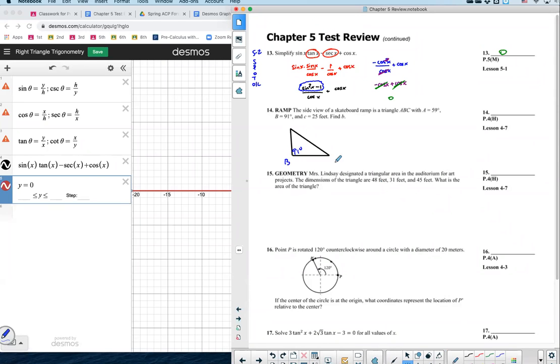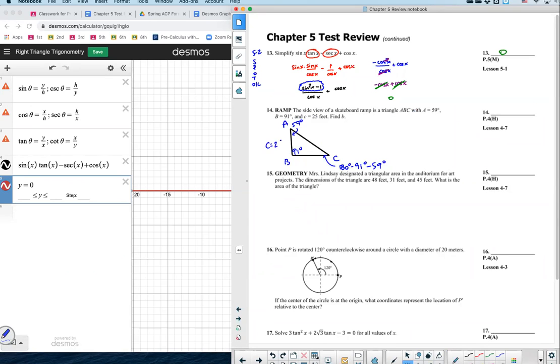That's our B. Our A is 59. It looks like that's the smallest. Let me go over here. I'll make this A. That right there would be 59 degrees. You could find this one by subtracting from 180. You just say 180 minus the 91 minus the 59 to get that angle. And you know that little c, lowercase c is 25 feet.